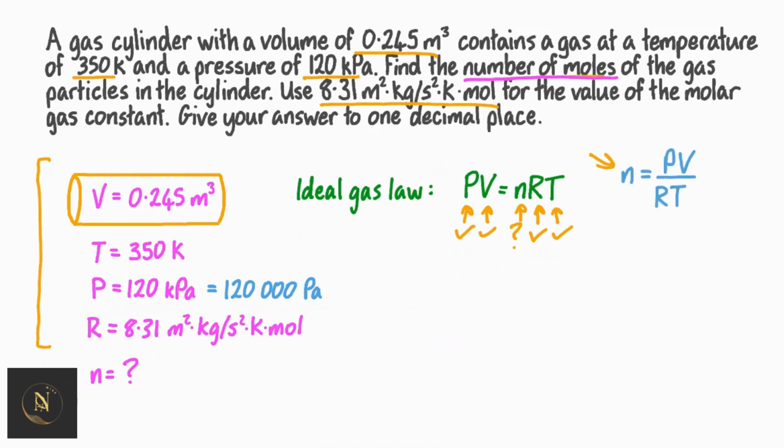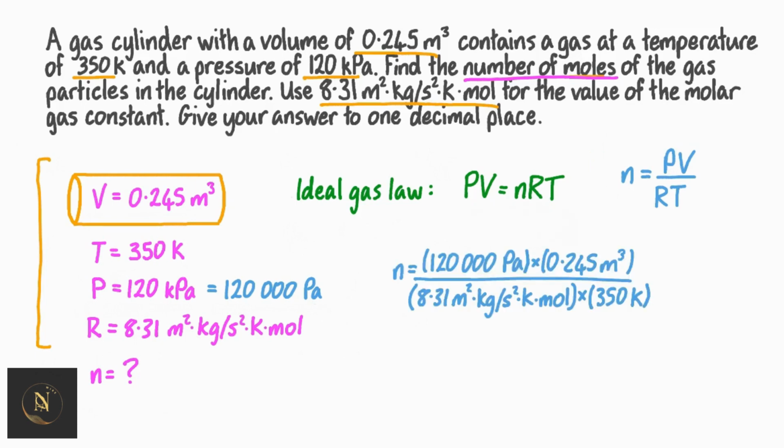We know that N is equal to P times V divided by R times T, and substituting in our values for the quantities on the right-hand side gives us this expression for N. In the numerator we have 120,000 pascals, which is our value for the pressure P, multiplied by 0.245 cubic meters, which is our volume V. Then in the denominator we've got 8.31 meters squared kilogram per second squared Kelvin mole, that's the molar gas constant R, multiplied by 350 Kelvin, which is our value for the gas temperature T.